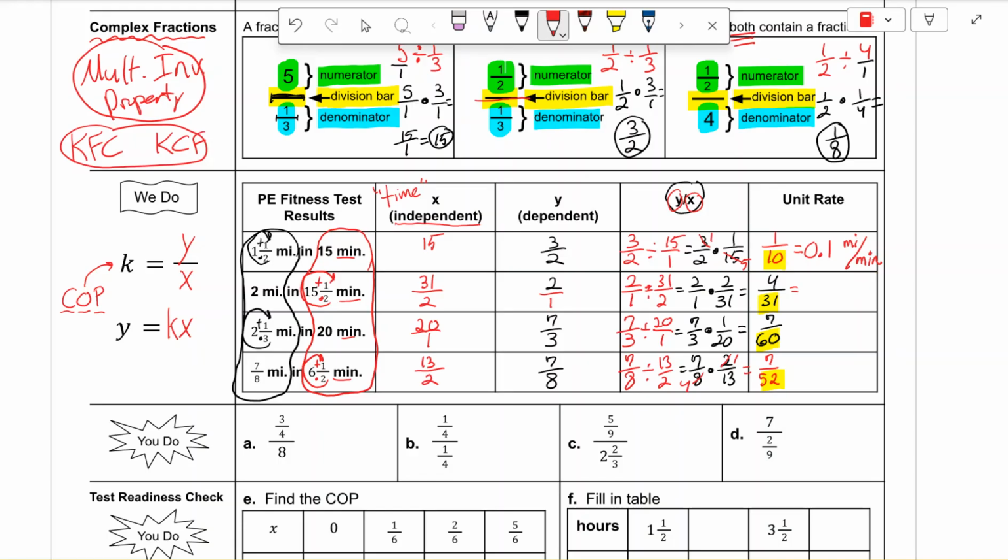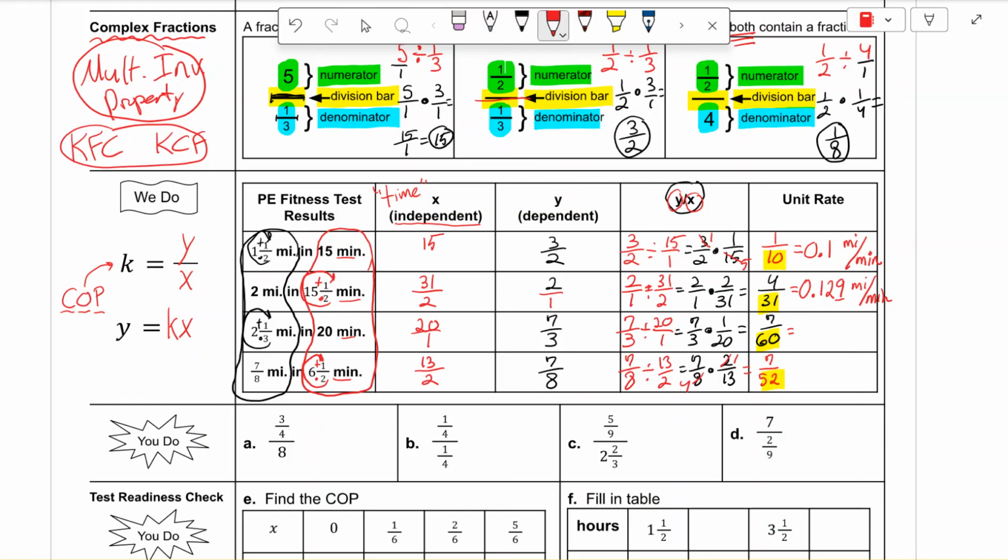So we just type that in. And out comes, I'll go to the third decimal point and round it. Rounded to the thousandths, excuse me. This is miles per minute.